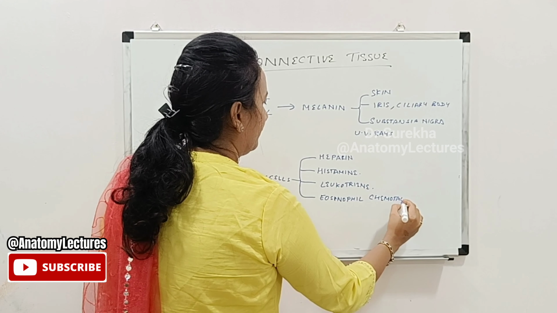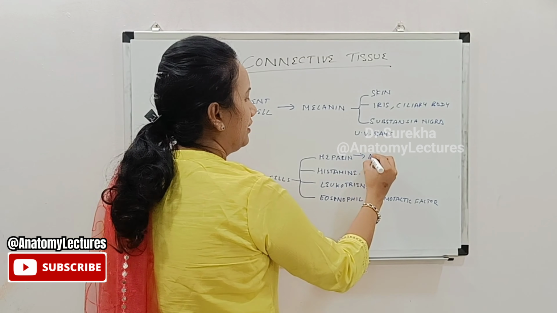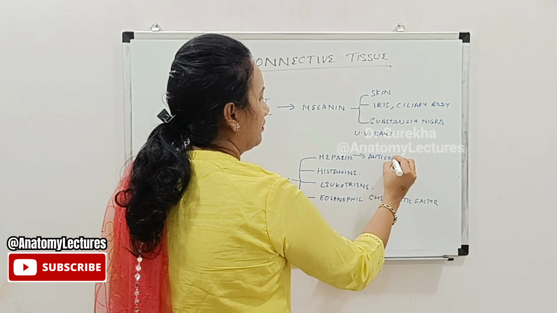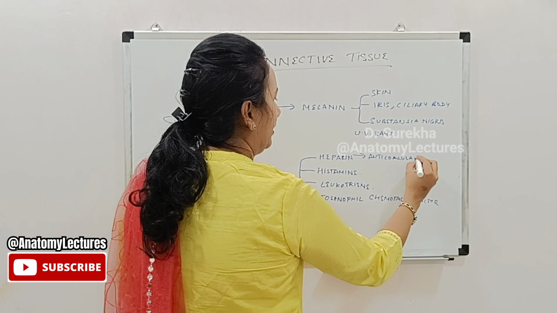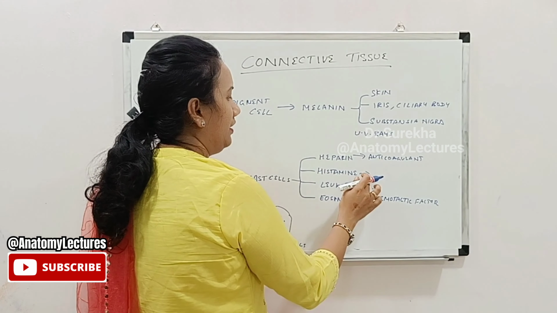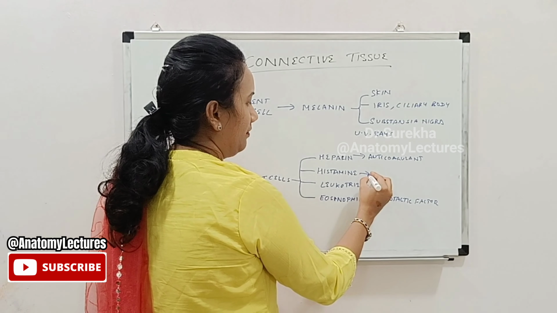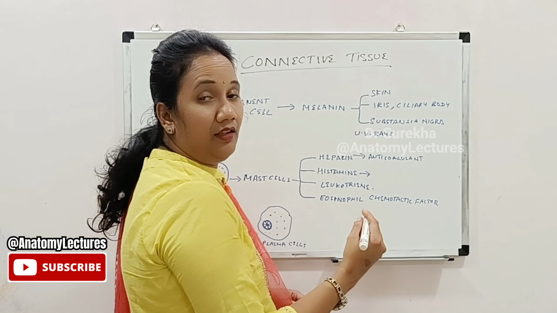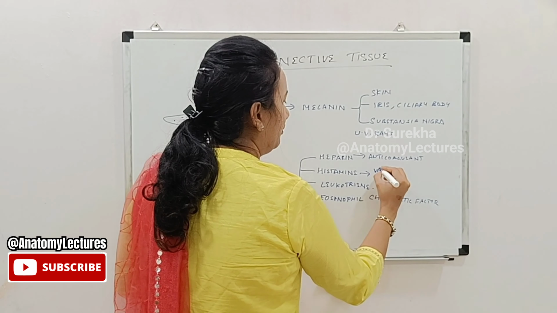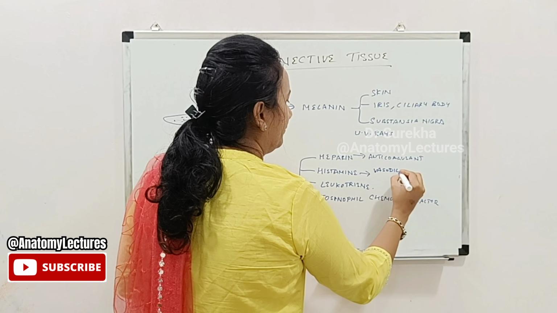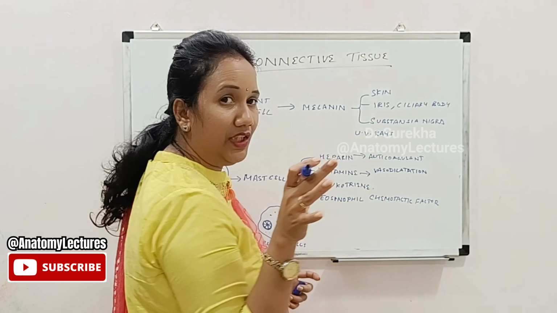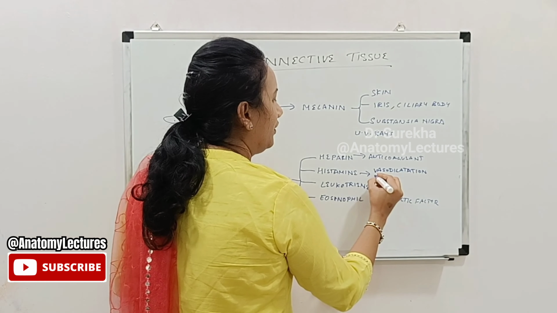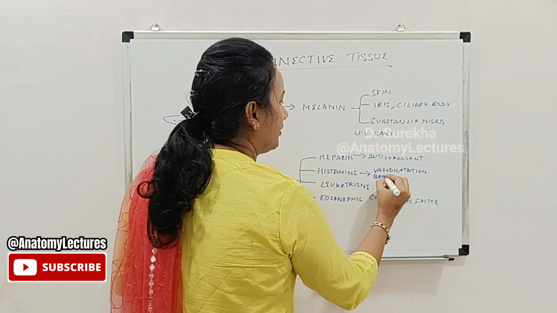What is the function of each? Heparin, as you know, is an anticoagulant. Histamine causes vasodilatation, that is dilatation of the blood vessels, and it will cause bronchoconstriction.